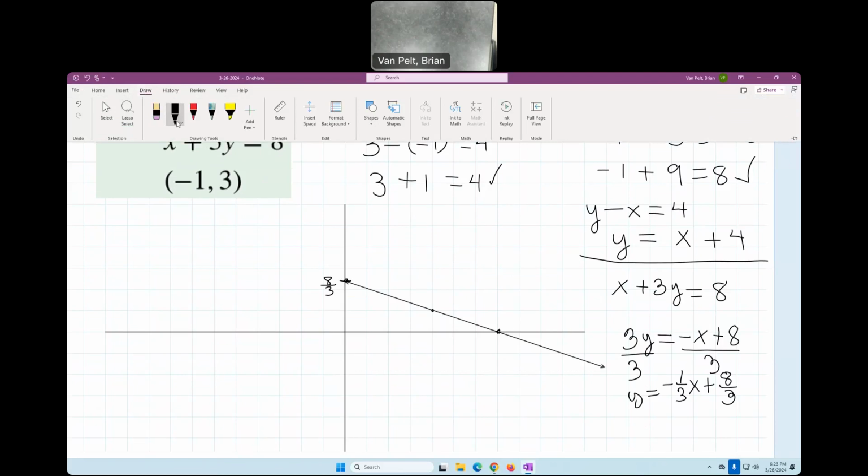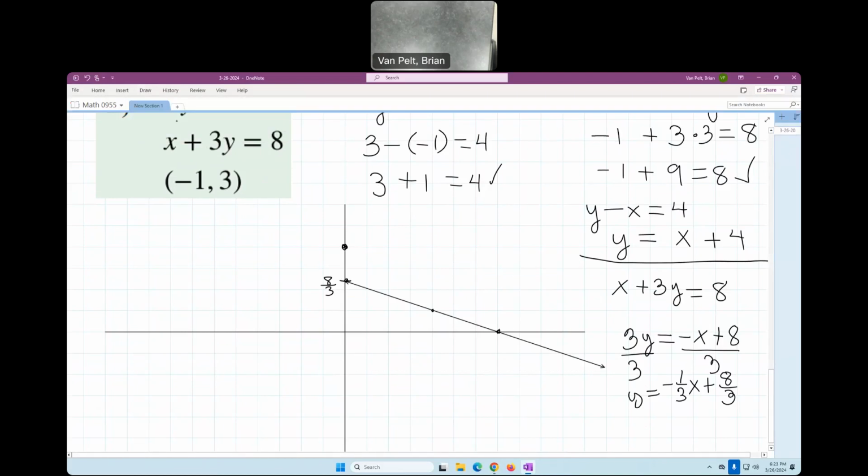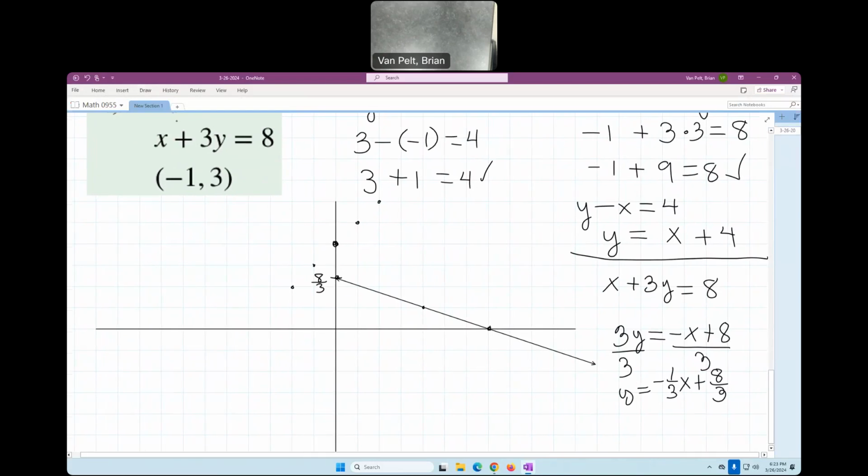So for x plus 4, I go up 1, 2, 3, 4 here, and then the slope is 1, so it's just that. I think I need to extend that other line though.